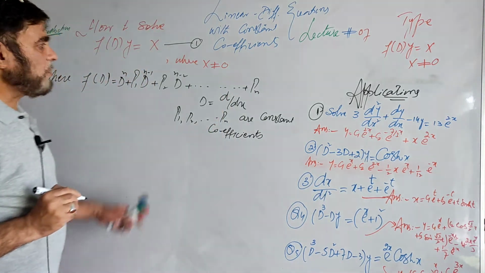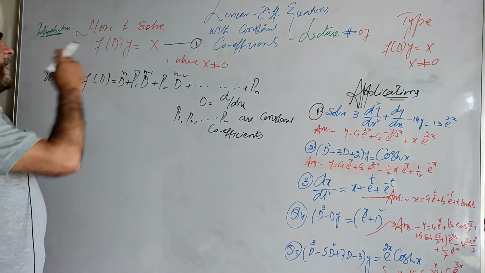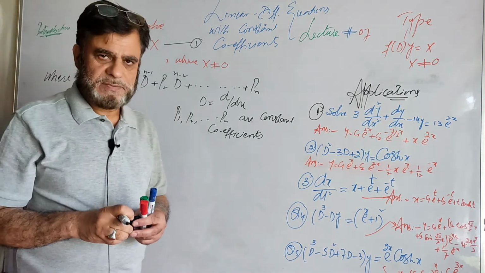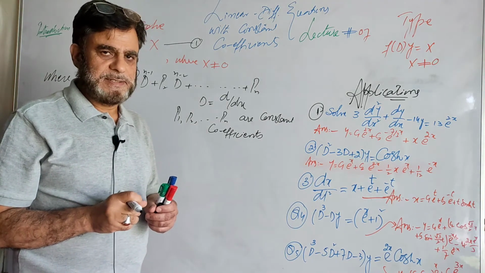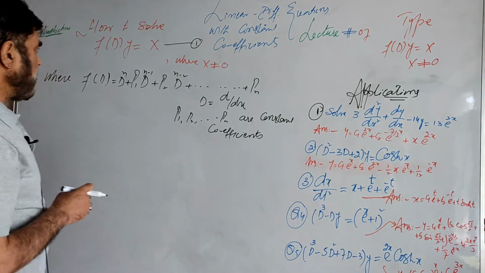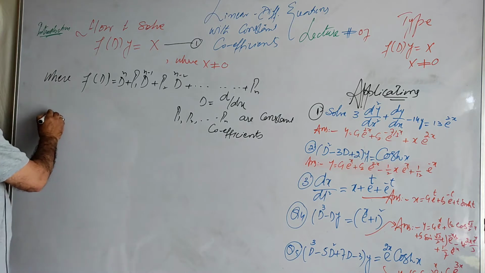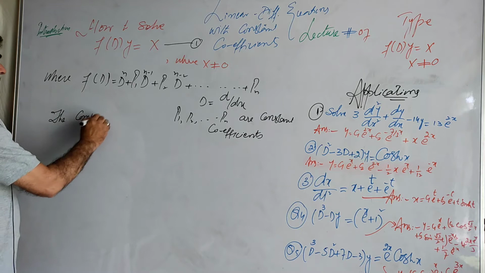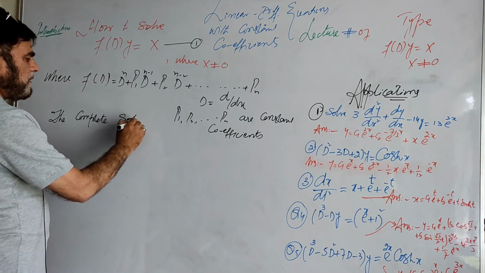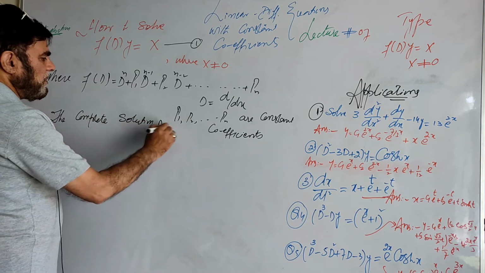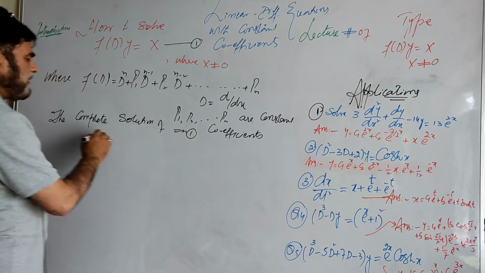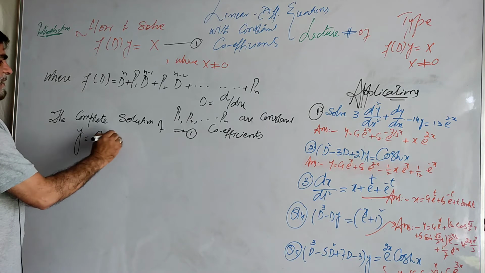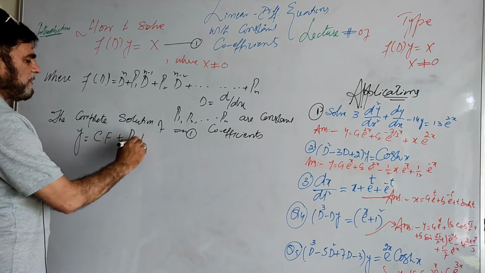Now, in order to solve this differential equation when X is not 0, I have already told you that it involves two parts. One is the complementary function and the second is the particular integral. The complete solution of equation number 1 is given by y is equal to CF, the complementary function, plus PI, the particular integral.